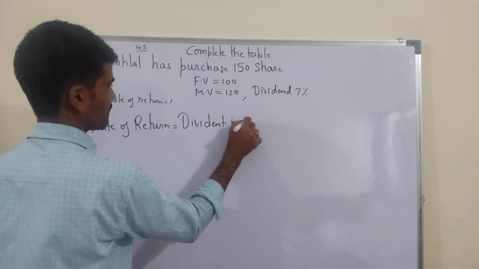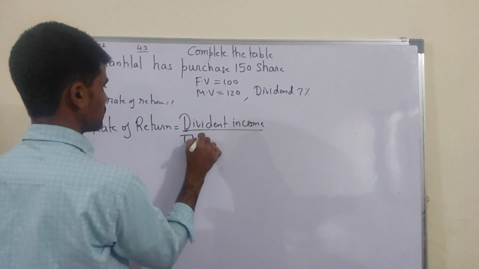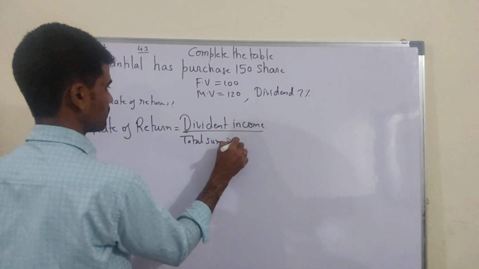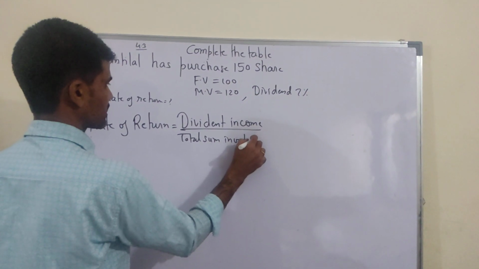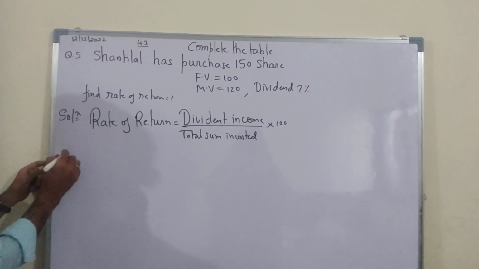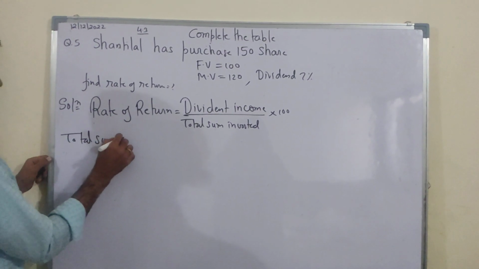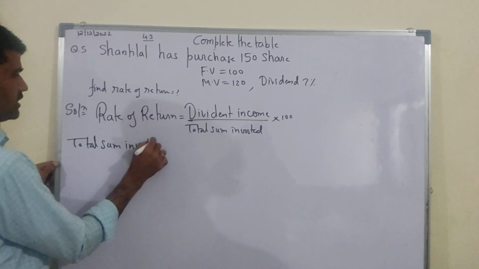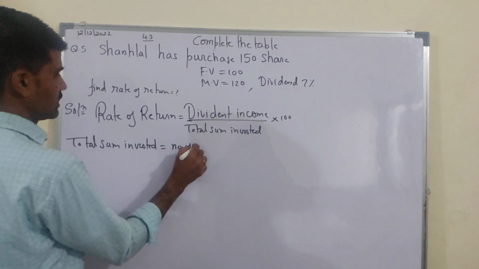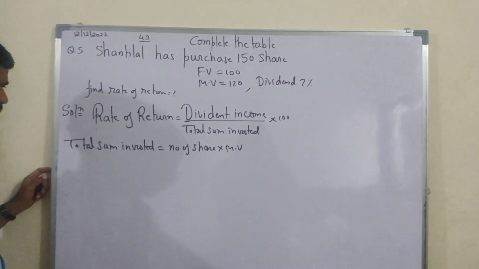dividend income upon total sum invested into 100. Now first find total sum invested. Total sum invested equals number of shares into market value.